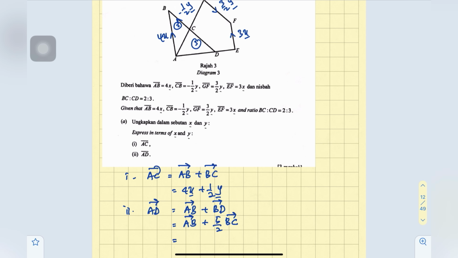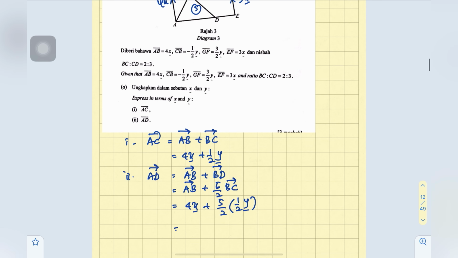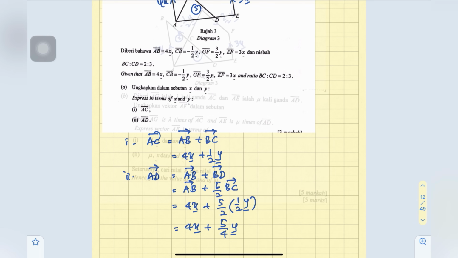Okay, so then we substitute. AB is 4x. Okay, BC is opposite direction, so negative is positive 1 over 2y. Okay, we simplify. We will get 4x plus 5 over 4y.